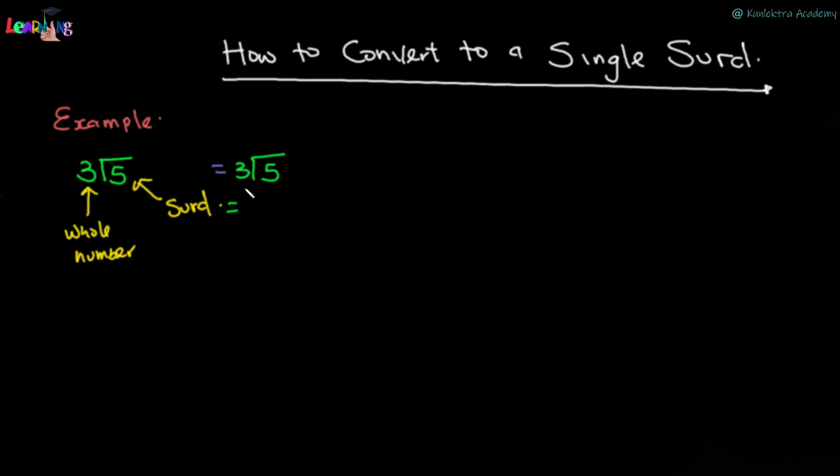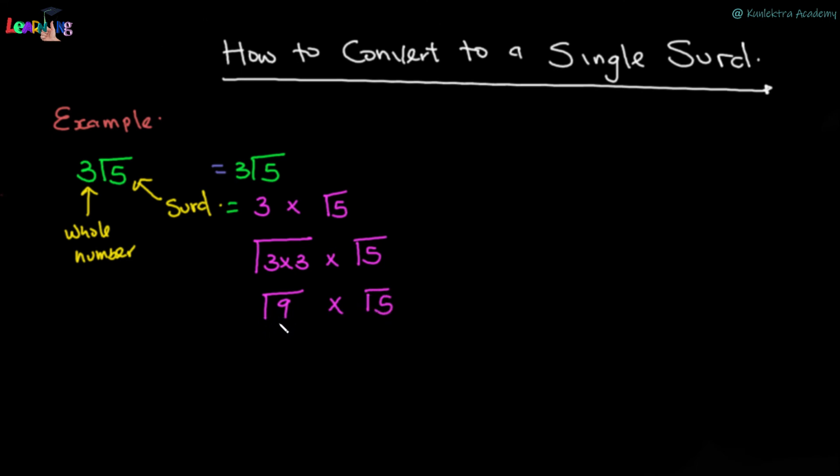The major thing you are going to do here is change this whole number into a perfect square. You have 3 times root 5. Convert the 3 to a perfect square: 3 times 3, that will be root of 3 times 3, times root 5. Now 3 times 3 is 9, so 9 times root 5.